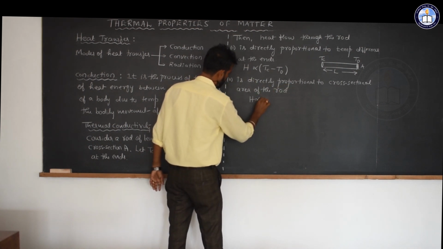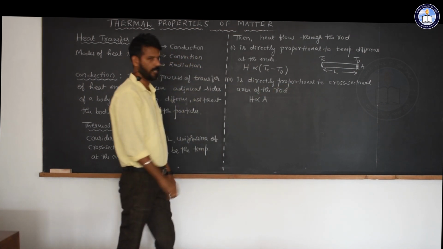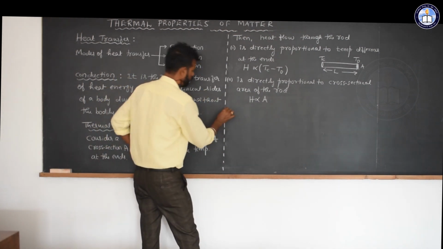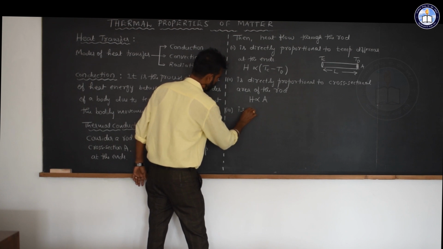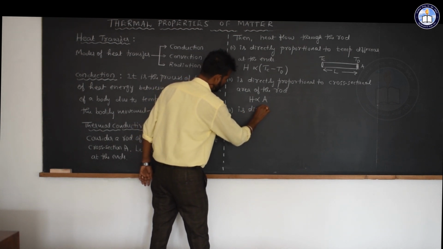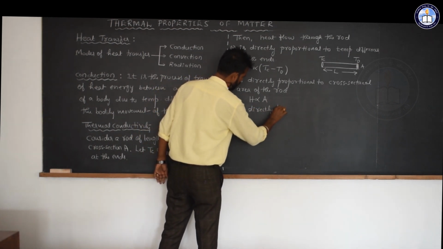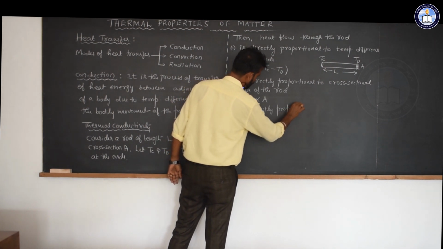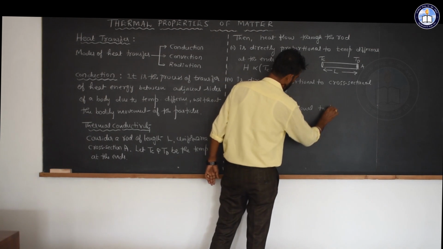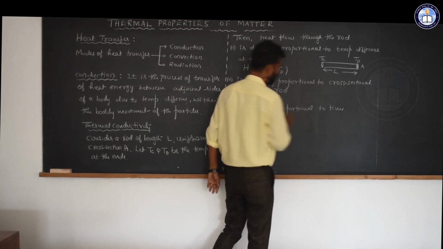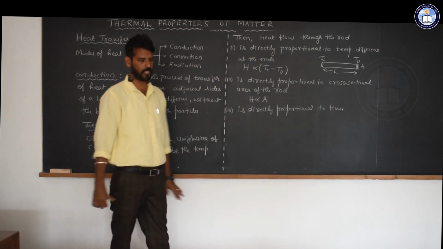That means H is directly proportional to A. Further, heat flow is directly proportional to time during which the heat flows through the conductor, okay?